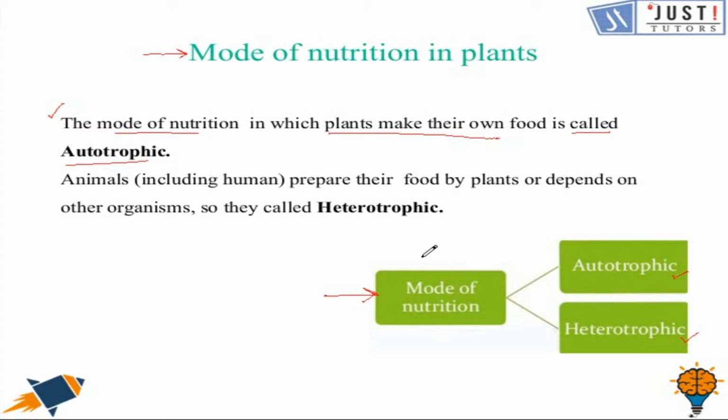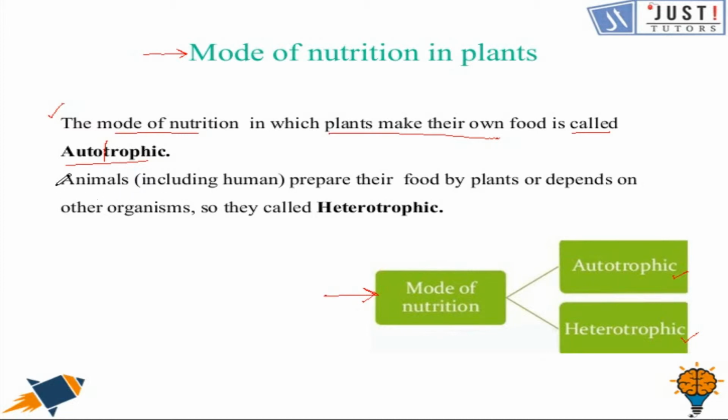Now the word autotrophic is a combination of 2 words. The very first is auto, and the second is trophic. The word auto means self, by itself, and trophic, or trophos, stands for nourishment or nutrition. So the word itself defines this mode of nutrition.